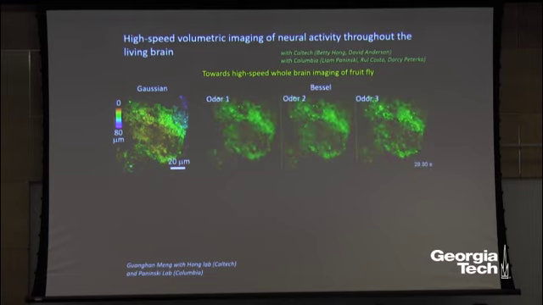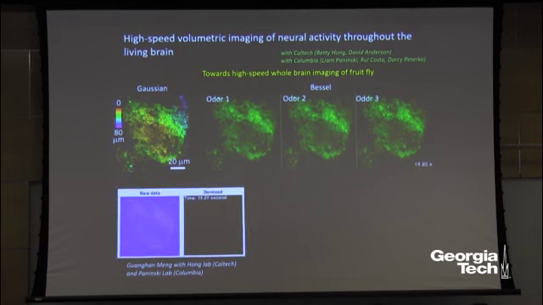But with Bessel beam, of course, we can image all those structures simultaneously. And Betty's lab actually came to us, brought their fly with them, and then they were giving the same fly 3 different odors, and you can see that the Bessel beam can pick up on the activity of those neurons. And using the optimized program coming from Liam's lab, we could also pull apart those overlapping cell populations automatically.